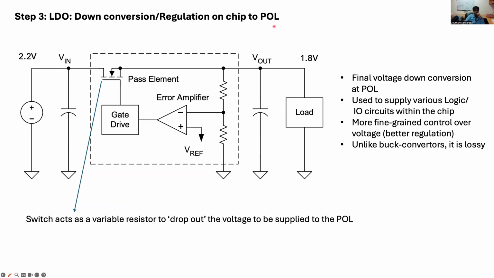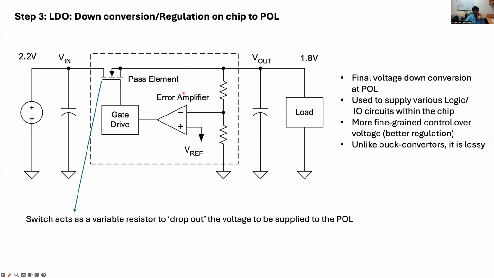Why that is the case is because the actual current that passes through this is going to depend on this voltage differential, because it's just going to be this voltage differential over the value of this resistor, the on resistance of this switch. So if the input and output voltages are very close to each other, the current that flows is very small, and therefore the power lost because of this variable resistor is less.